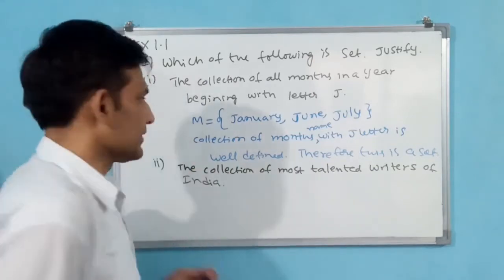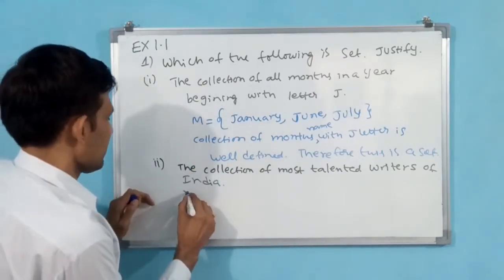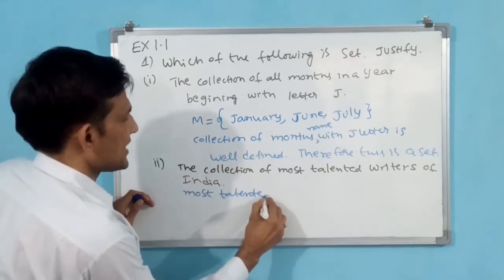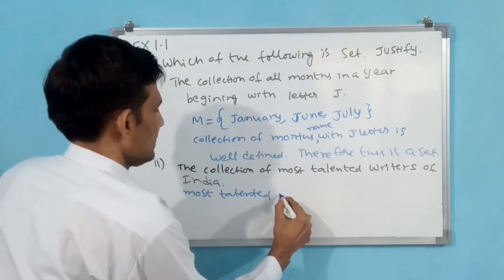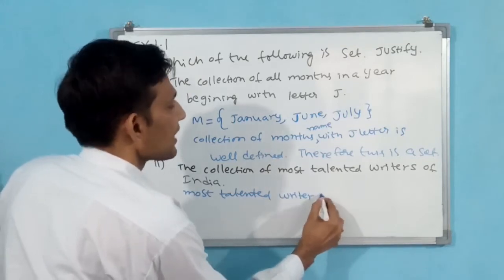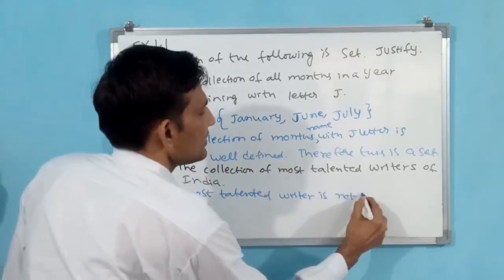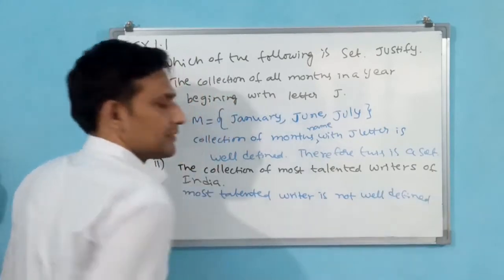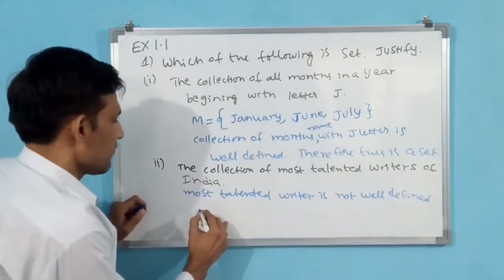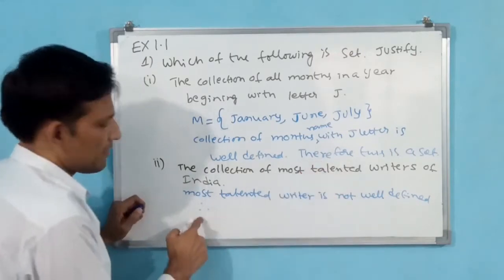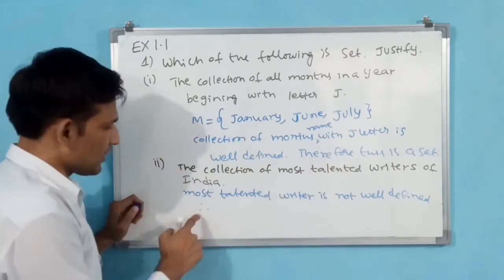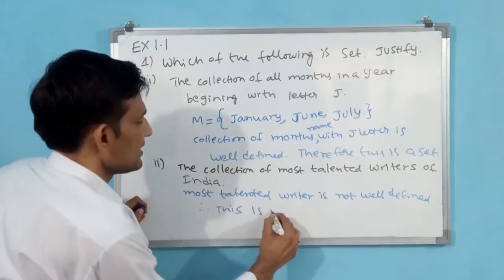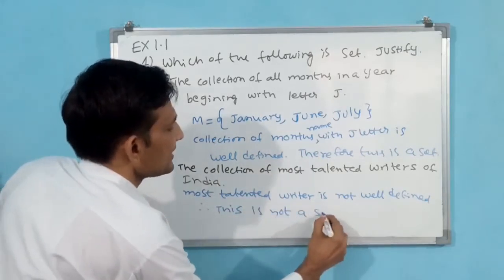How to write this? Most talented writer is not well defined. Therefore, this is not a set. I am writing therefore like this, but in your book you have to write it out. Why is this not a set?